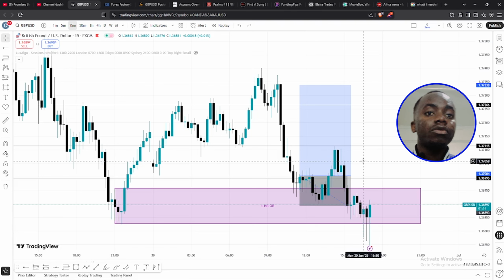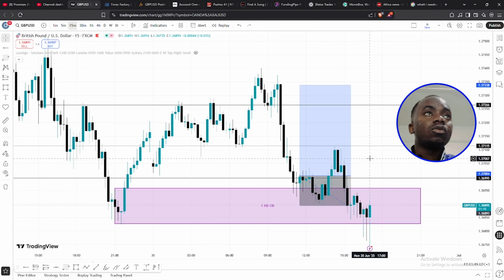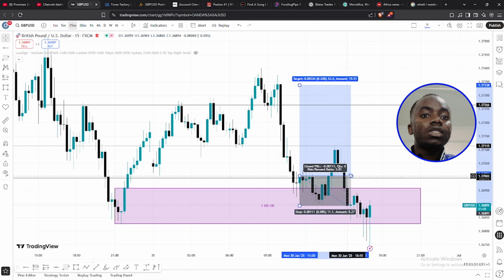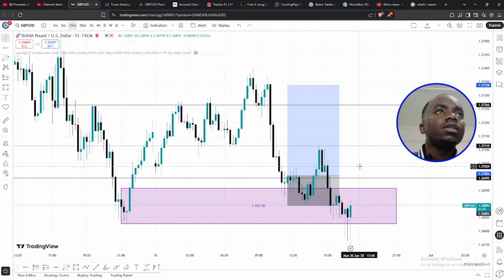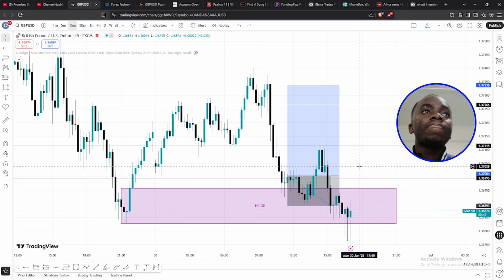New York opened, and when New York opened, it went straight to my stop loss. So this trade I risked more because I was trying to cover the first losses that I encountered during Cadjpy. So I lost about 1.2% on this trade.